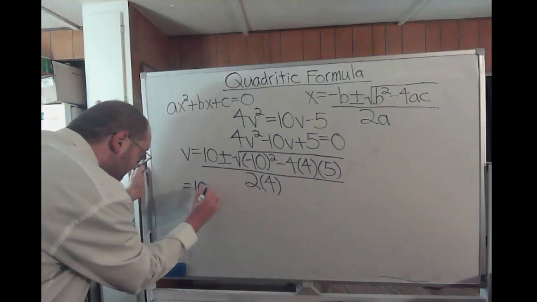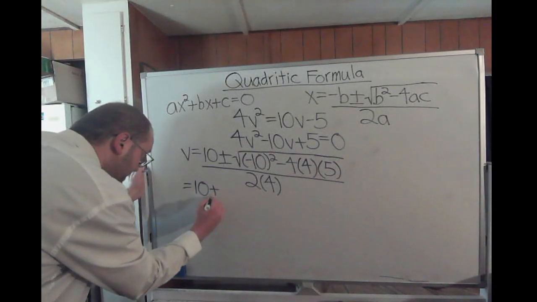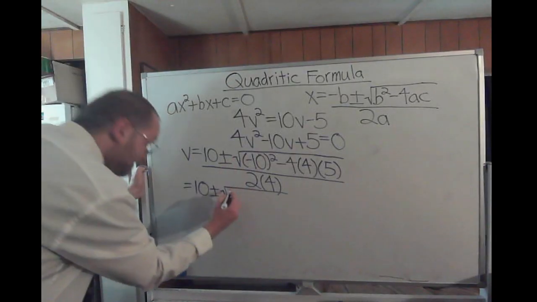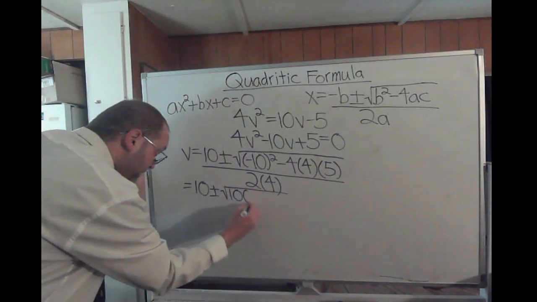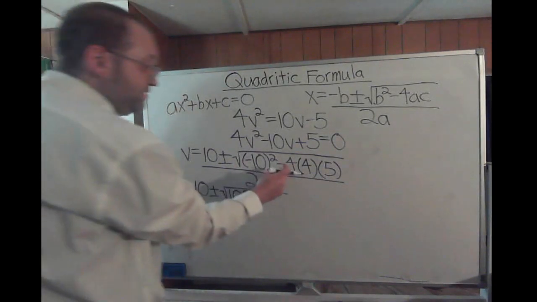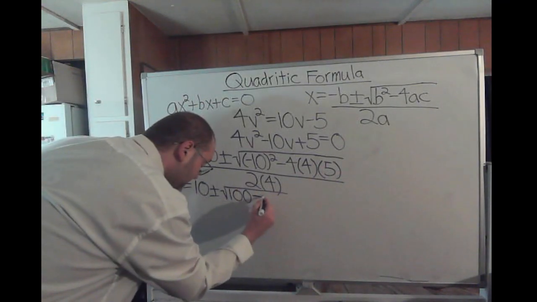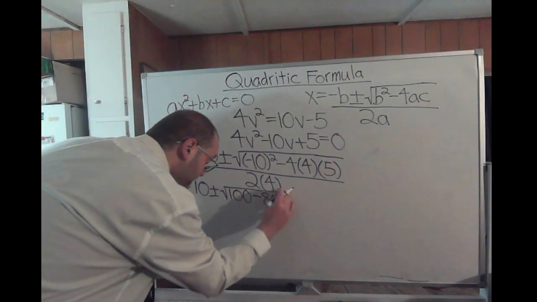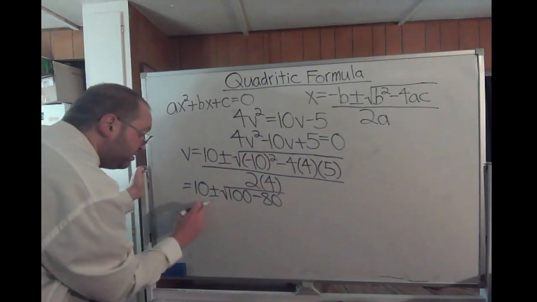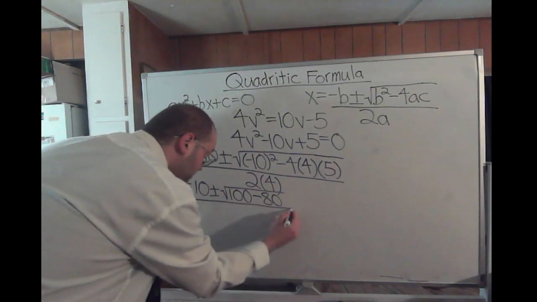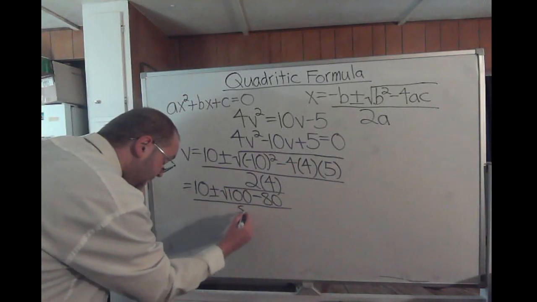This will equal 10 plus and minus the square root of, let's see, negative 10 to the second, that's positive 100. All right, then negative 4 times 4, that's negative 16 times 5. This will be minus 80. So we have 10 plus and minus the square root of 100 minus 80 all over 2 times 4, which is 8.